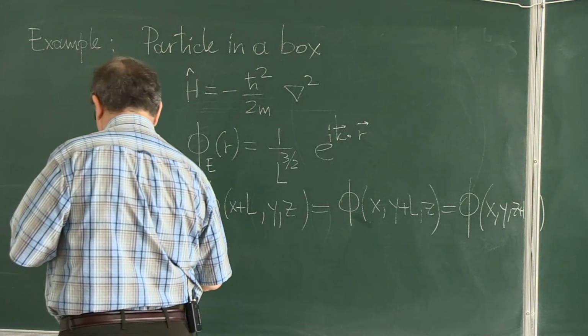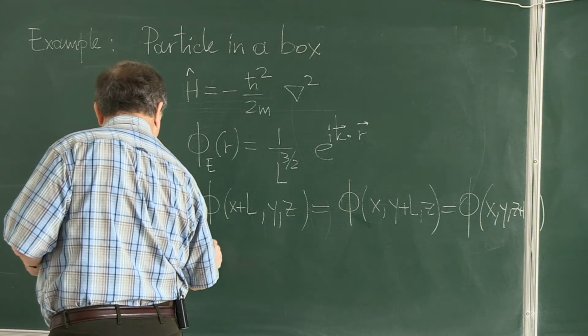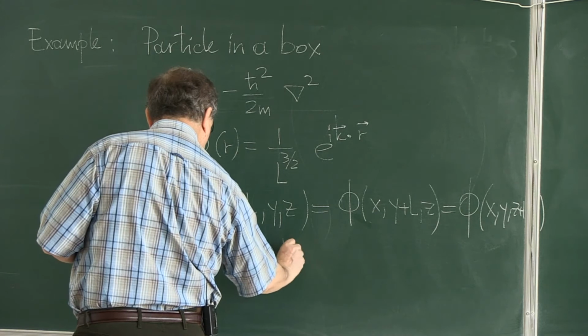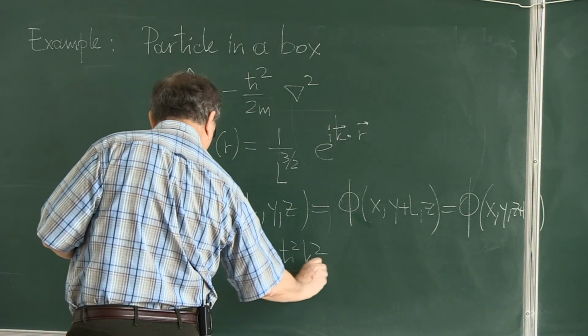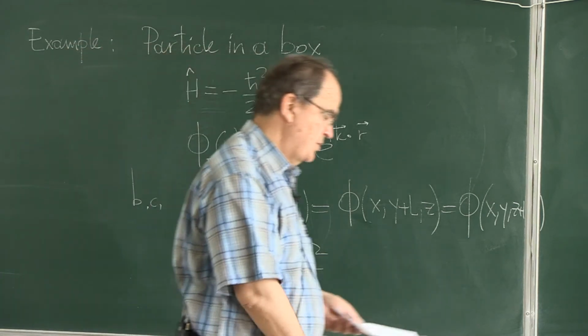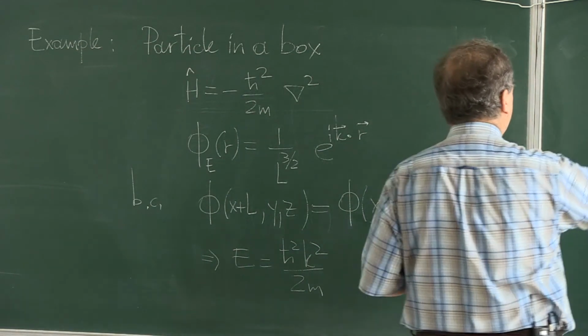So it goes back and forth. Eigenvalues are to be found as h bar squared k squared over 2m. Remember this solution? Of course you do.